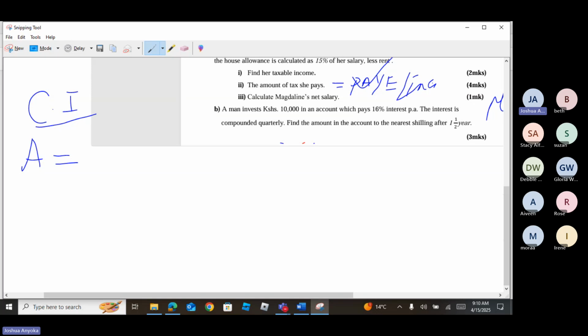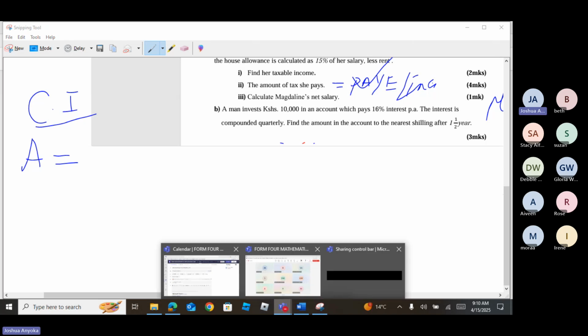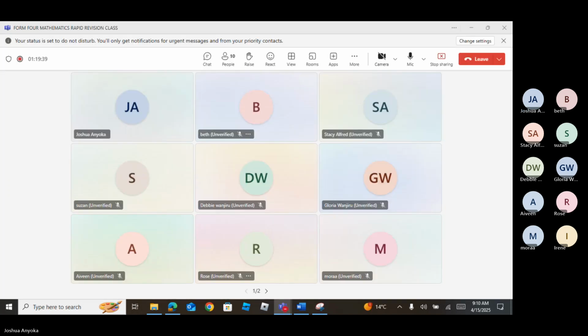Ross is not communicating. Ivan, compound interest formula, amount is equals to... Gloria, somebody to give us compound interest formula.